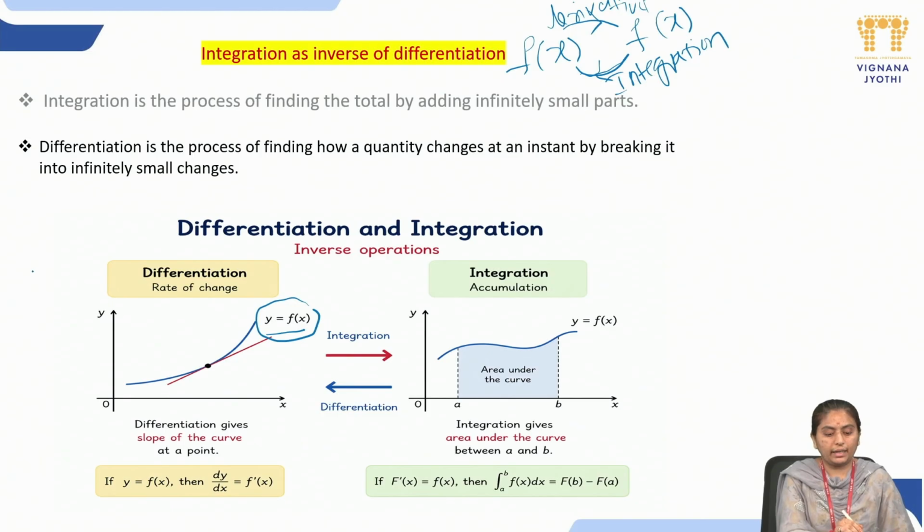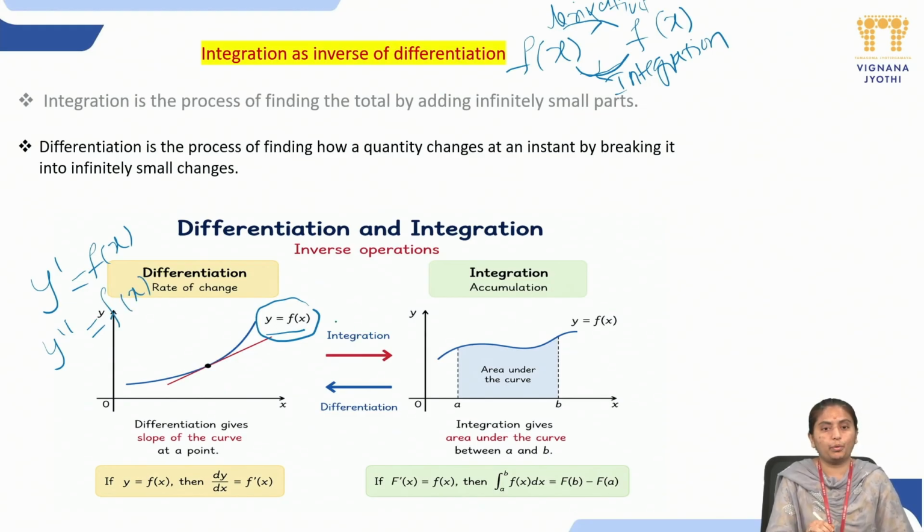If we take the first derivative, that is y dash is equals to f of x, this gives the slope of the curve. Okay. If we take y double dash, the second derivative of the function f of x, it gives the rate of change of slope at a particular point.